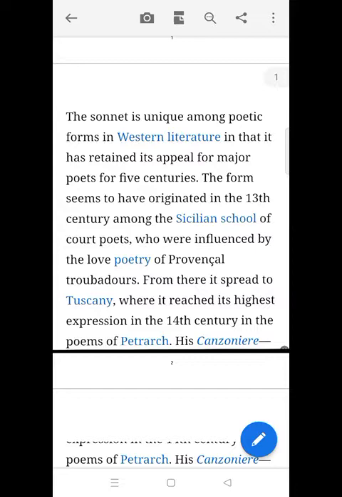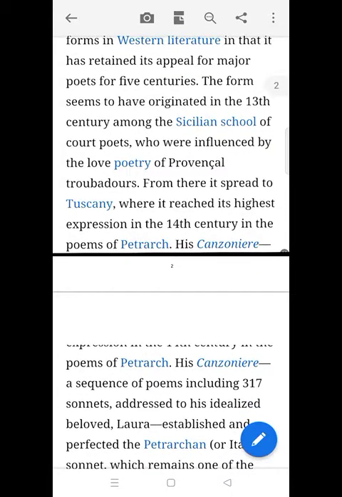From there, it spread to Tuscany, where it reached its highest expression in the 14th century in the poems of Petrarch. So the form sonnet was developed in Italy. It was one of the favorite poetic forms of Dante and Petrarch, the famous poets of Italy.